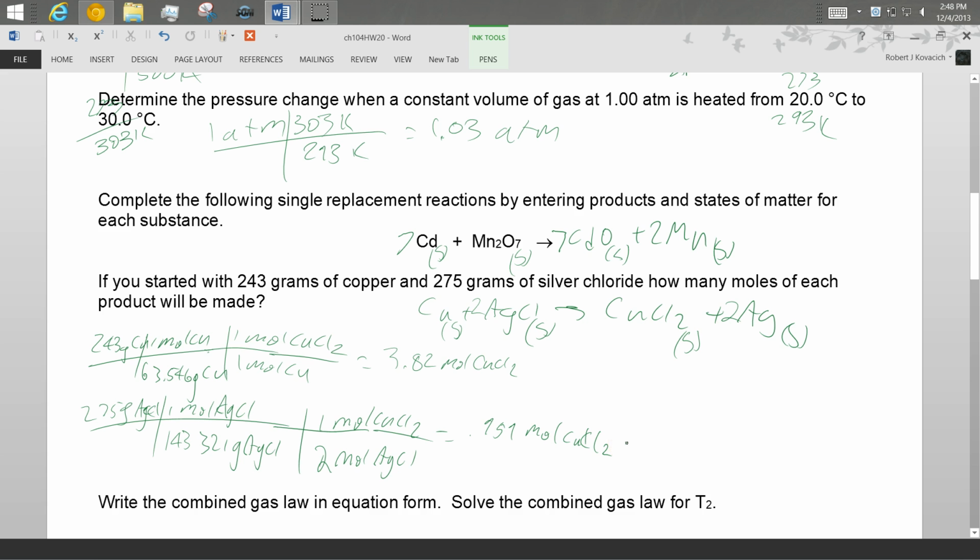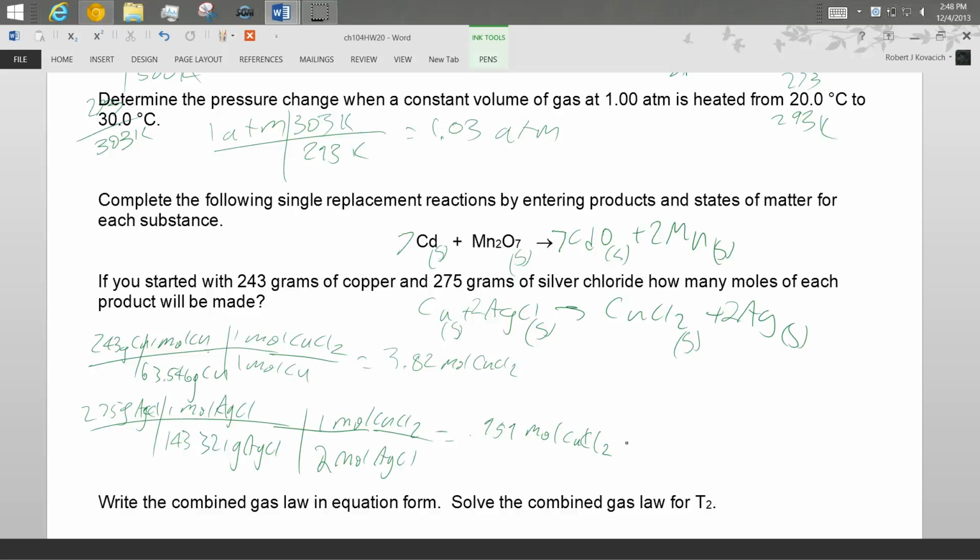All right, so my limiting reagent is what? The silver chloride is my limiting reagent, right? So I'm going to run out of silver chloride the moment I make 0.959 moles of copper 2 chloride. And how many moles of each product will we make?